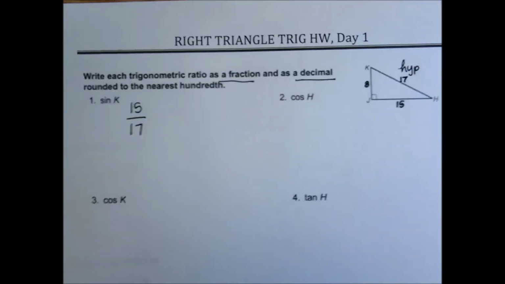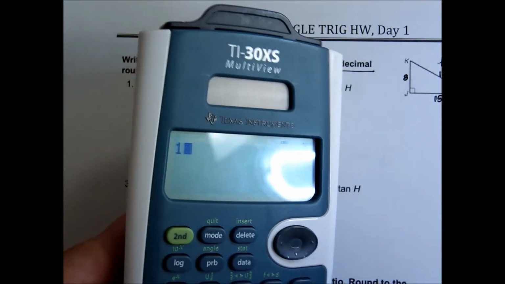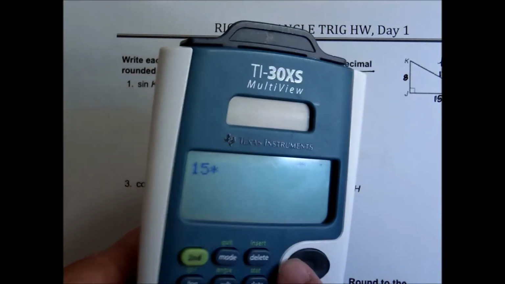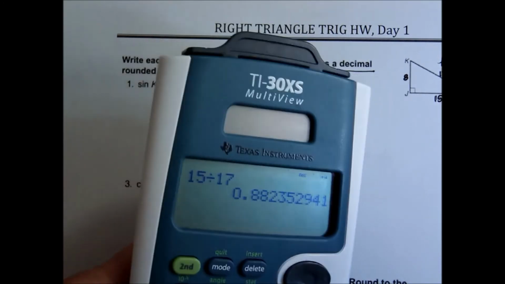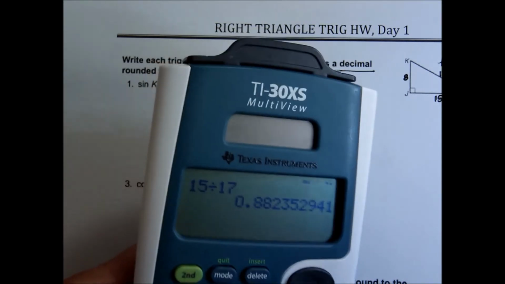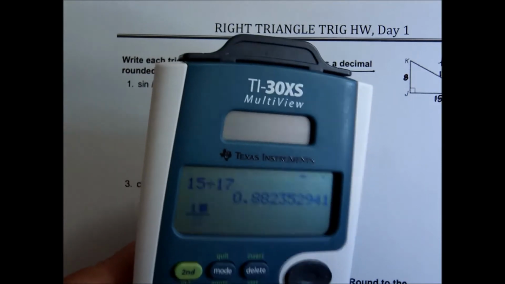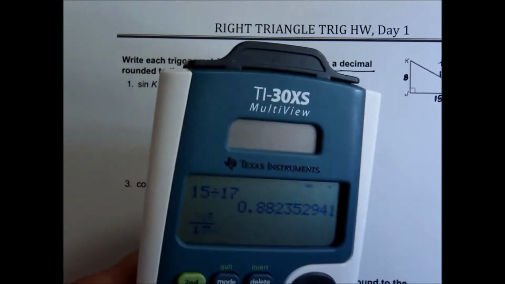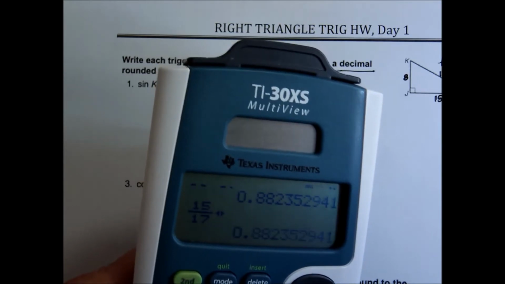And then all we're doing to change it to a decimal is, in my calculator, going 15 divided by 17. Or you could put it in as a fraction, 15 over 17, and then change it to a decimal.